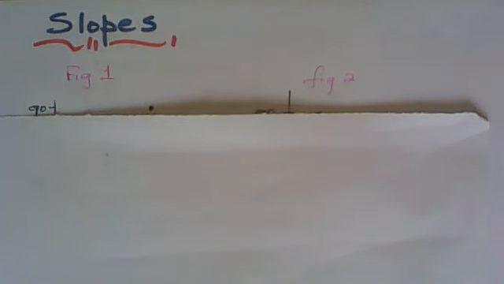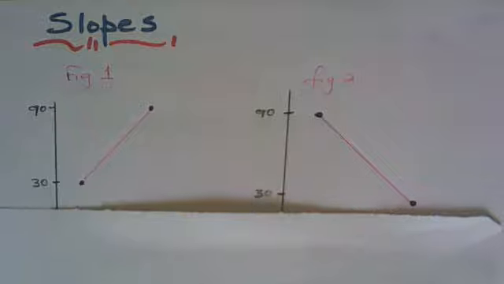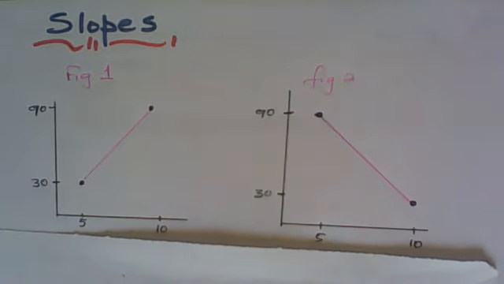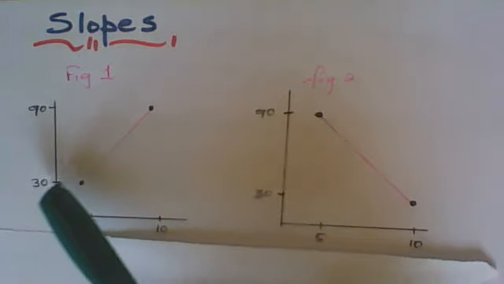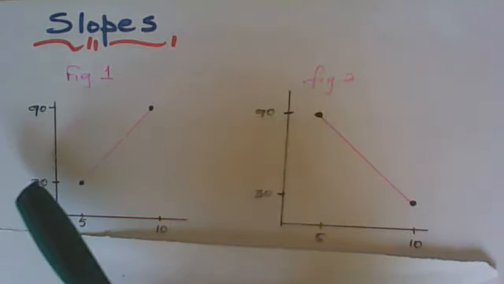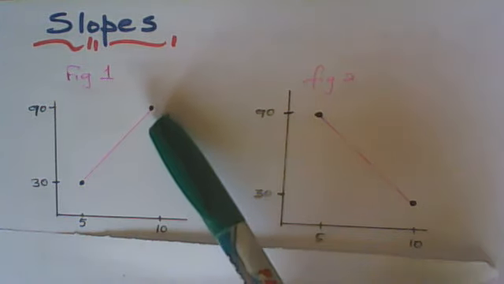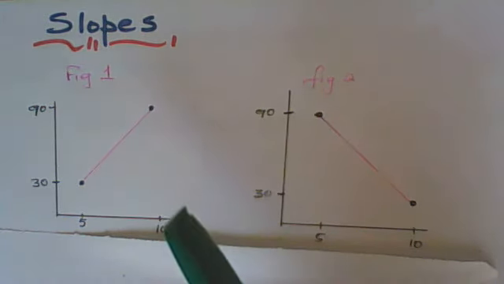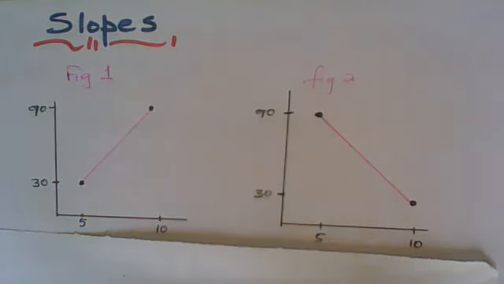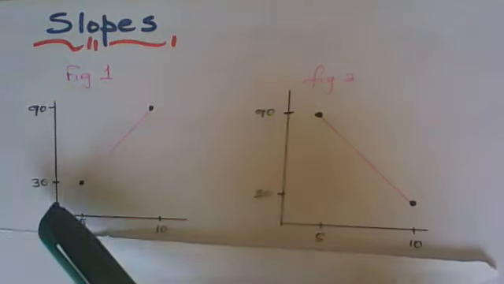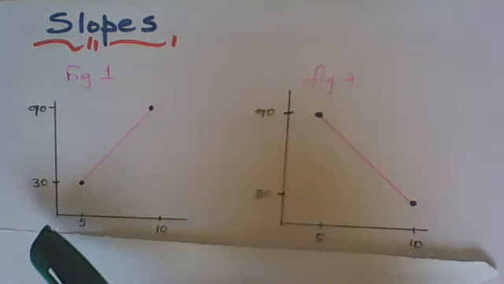If you look at these two figures, figure 1 has a first point at 5:30, which is the relationship, the coordinates. This is a line defined by that. Then the next point will be 10:90.